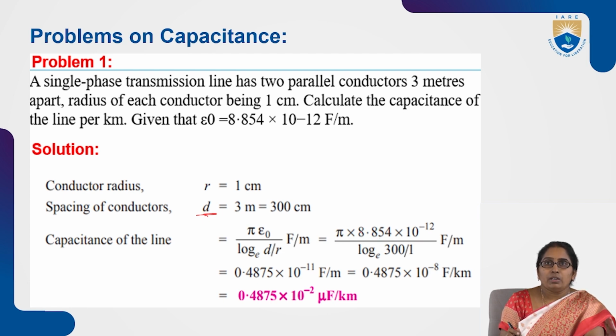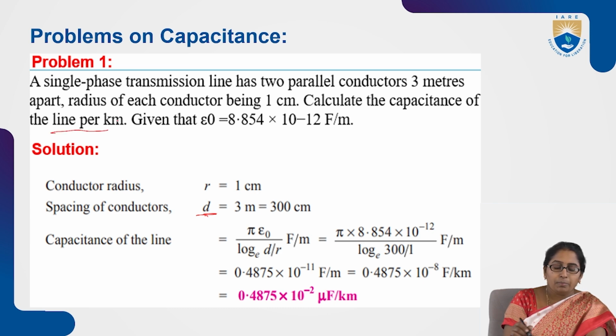So the value is calculated using a scientific calculator. It is 0.4875 into 10 power minus 11 farad per meter. But they asked the capacitance of the line per kilometer. So the value becomes 10 power minus 11 into 10 power 3, so it becomes 10 power minus 8.